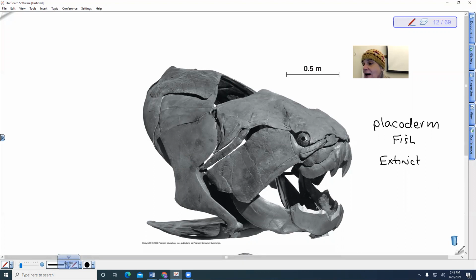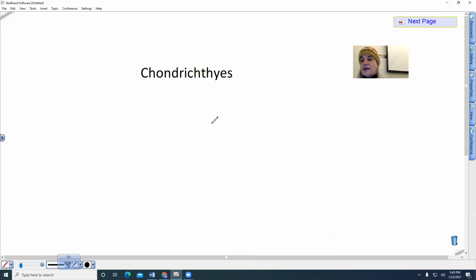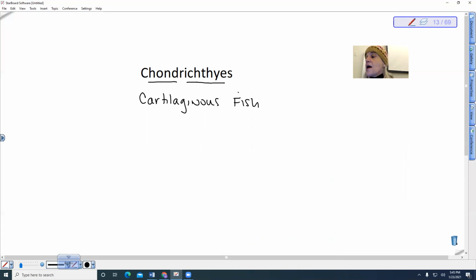Okay, so let's look at the chondrichthyes. So you do need to know this word. Ichthyes means fish. Chondra means cartilage. So these are my cartilaginous fish. They have a skeleton that is made of cartilage.